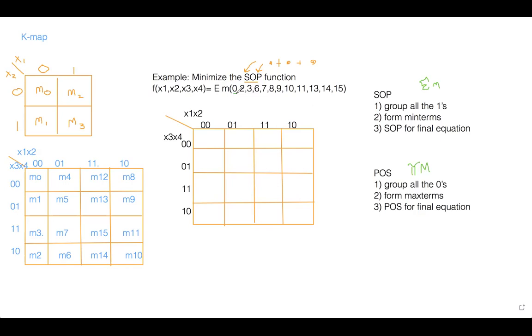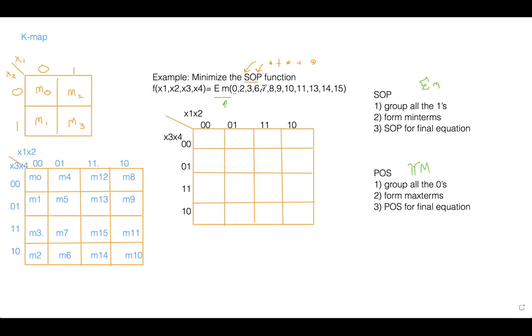When you have product of sum, you fill in zeros for these spaces. However, if it says minimize the product of sum, but it gives it to you in this form, this is the sum of product form, so you have to fill it in like sum of products. And then you group the zeros in it. You don't group the ones.